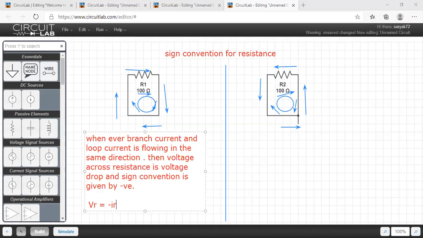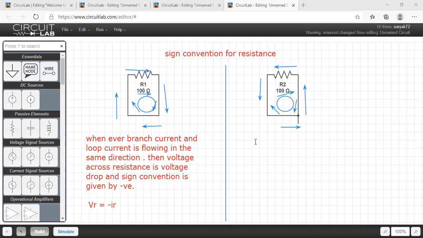So whenever the branch current and loop current flow in the same direction, the voltage across the resistance is a voltage drop, the sign convention is negative, and VR is given as minus I into R.